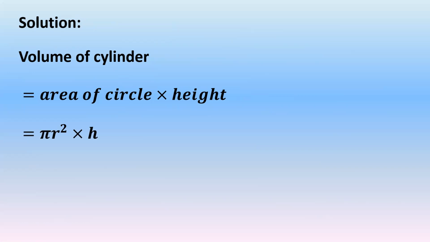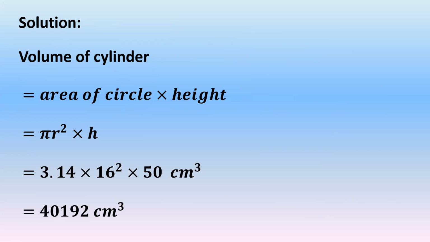Substituting the values, we get 3.14 multiplied by 16 squared multiplied by 50, which will give us volume in centimeter cube. Simplifying this, we get 40,192 centimeter cube.